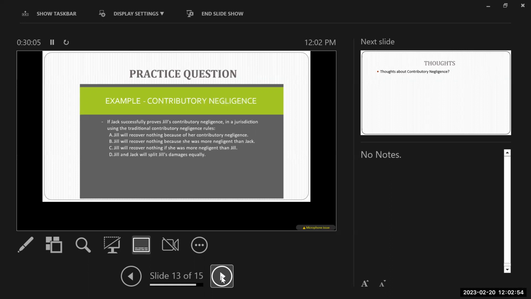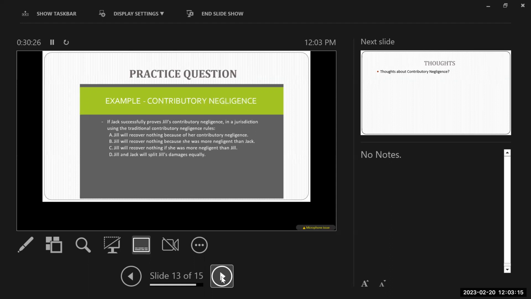We know them splitting equally doesn't sound like anything that we've just talked about. So let's get rid of that. We know Jill will recover nothing if she's more negligent than Jill, right? It's a matter of just being intentional in your reading, right? We don't even have a defendant.